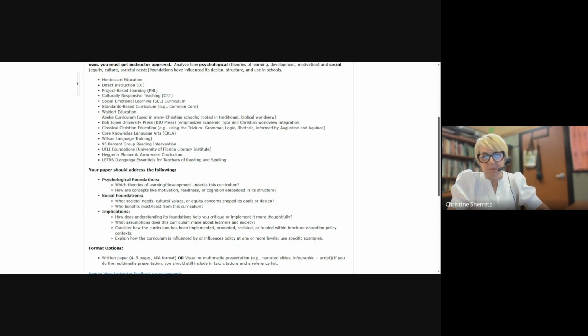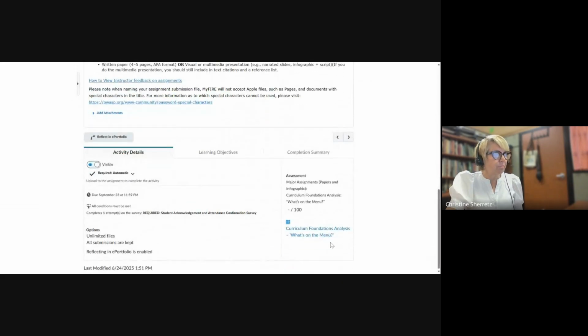Who benefits from this curriculum in society? And the implications. How does understanding its foundation help you critique or implement it more thoroughly? You need to talk about maybe assumptions during the curriculum. Consider how the curriculum has been embedded or promoted, and is there any policy related to this in particular?